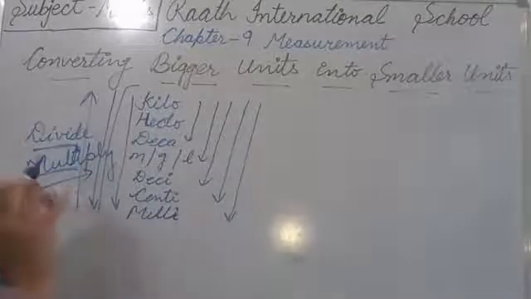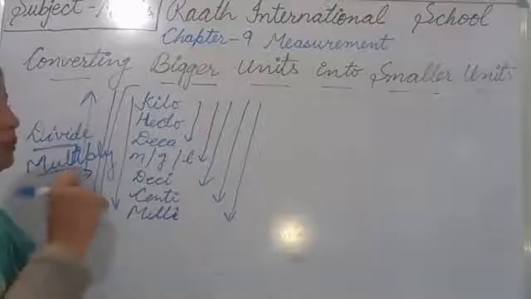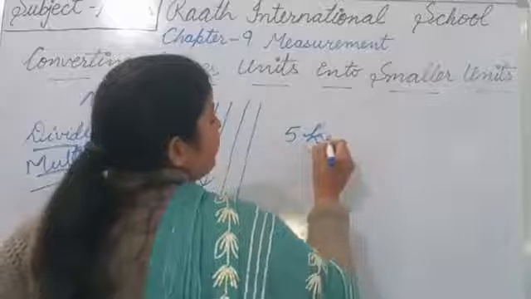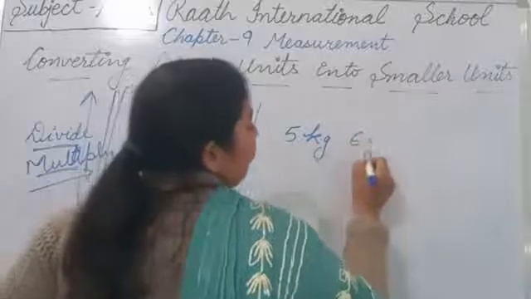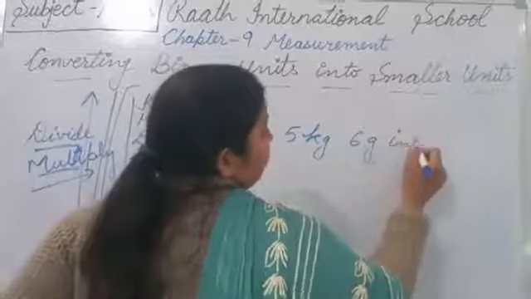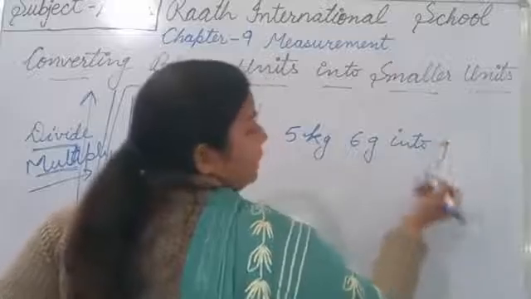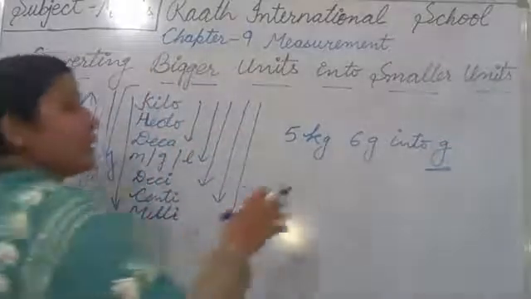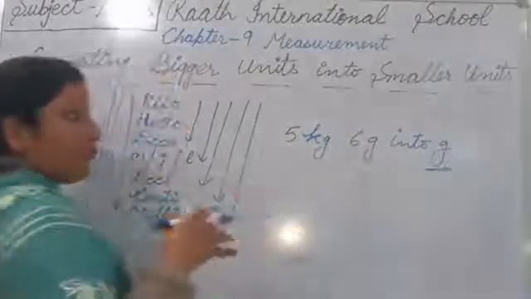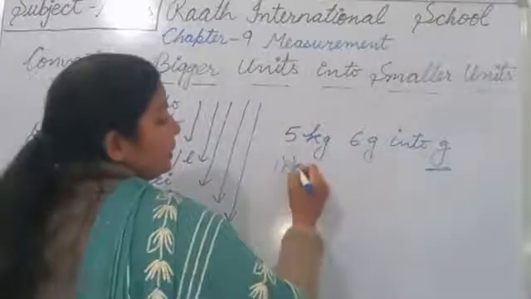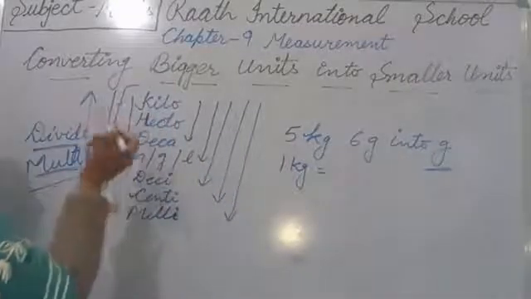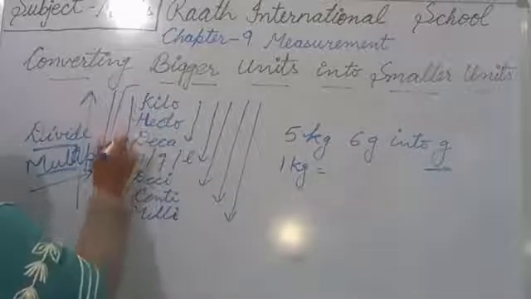Okay, so now suppose we have an example: 5 kg 6 gram into gram. As we know, gram is a smaller unit. 5 kg 6 gram we convert into gram. So as we know, 1 kg equals, now we have to come from kilo to gram, so 1, 2, 3.